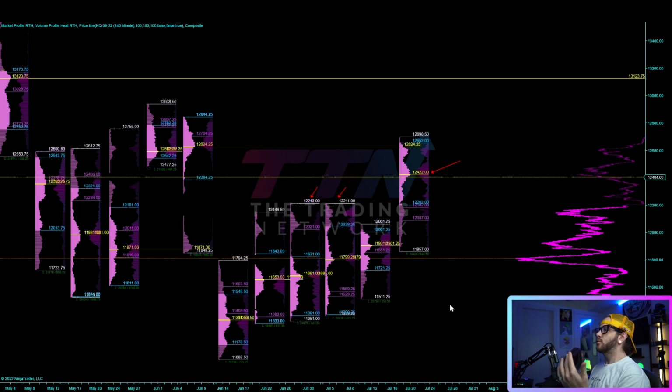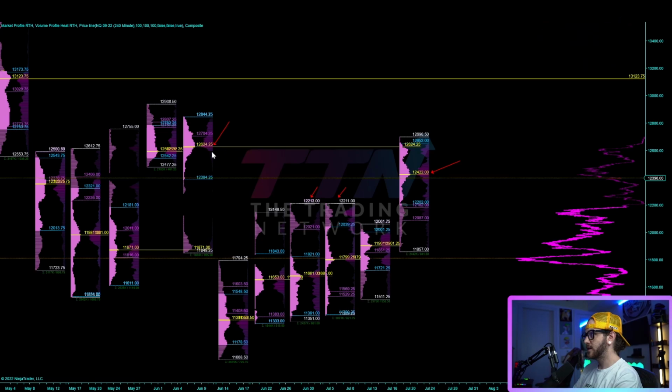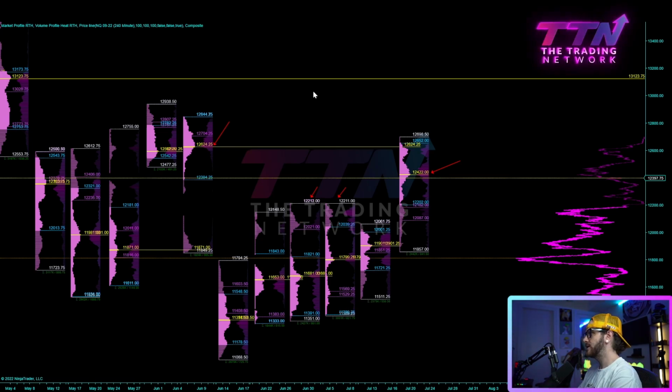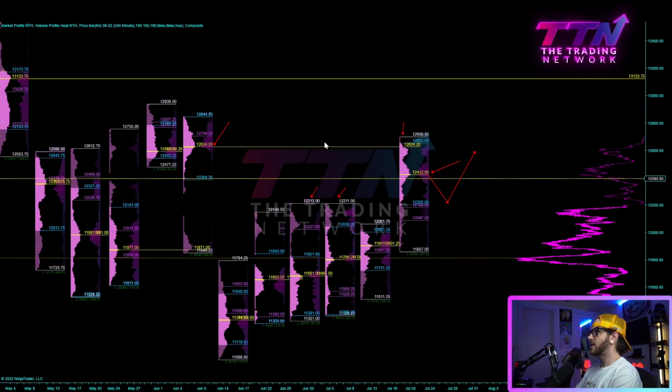Last week I was discussing how, if we moved and held above these levels, it was likely we would move up into this naked POC, and that is exactly what we did. So I wouldn't be surprised to see another pullback and a retest of that area. If it confirms as support, perhaps that can create some good liquidity for us to move back to this prior naked POC and to retest last week's highs.